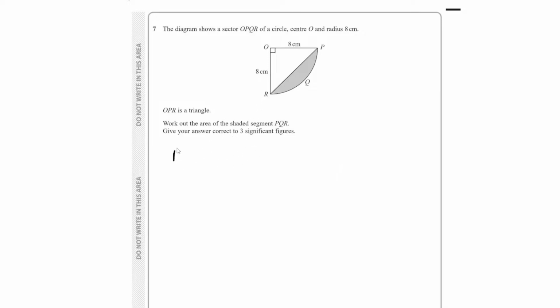We need the area of the sector, which is obviously pi r squared, which is 8 in this case, pi times 8 squared, but we've only got a quarter of the whole circle because it's a right angle, isn't it? So I would divide that by 4. Normally I leave it in terms of pi until the end. So you've got 64 divided by 4, which is basically 16 pi, isn't it?